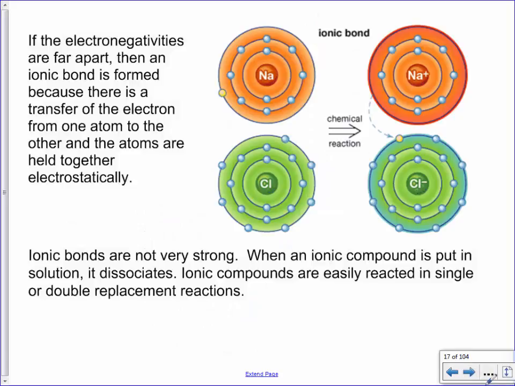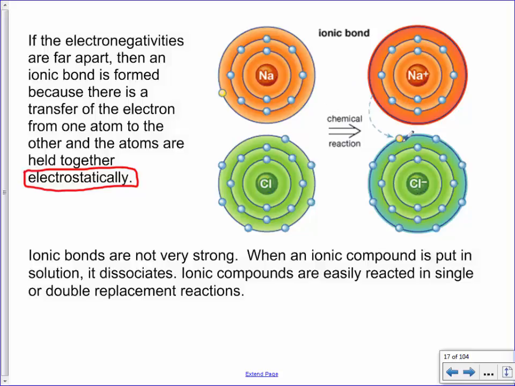Okay. If they're far apart, it's ionic. Oh, we have a term for that. Ionic bonds, you should write this down or highlight this somewhere. The term we use for ionic bonds is they get held together with what's called an electrostatic force. Basically what ends up happening is, you know how sodium right here has the extra electron, chlorine needs the extra electron.